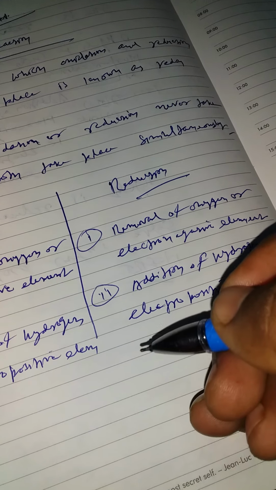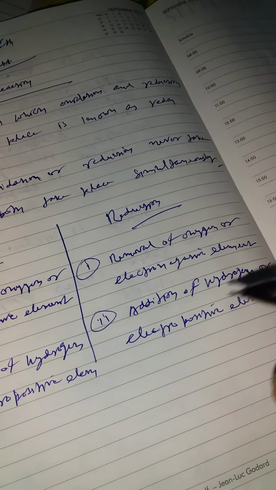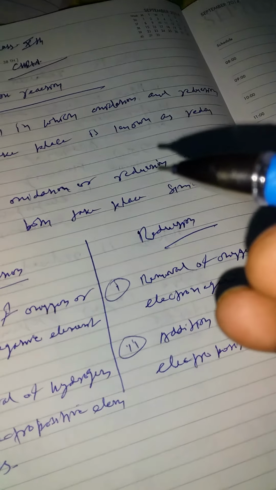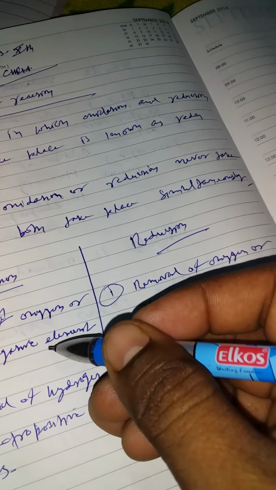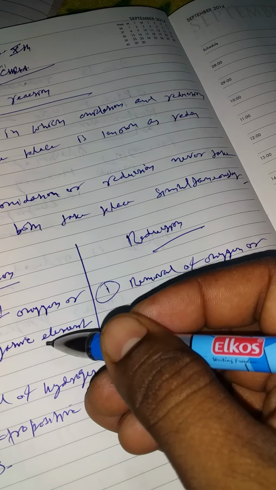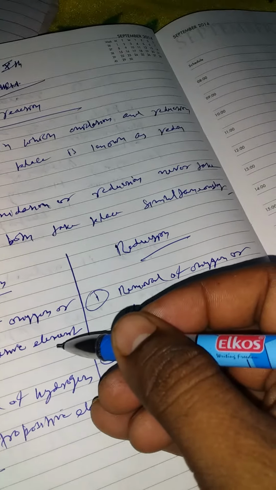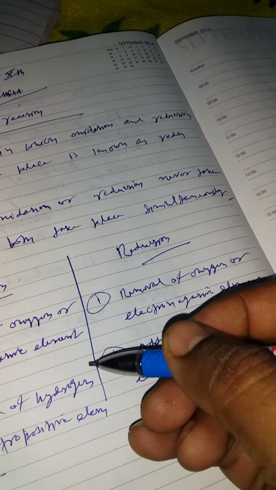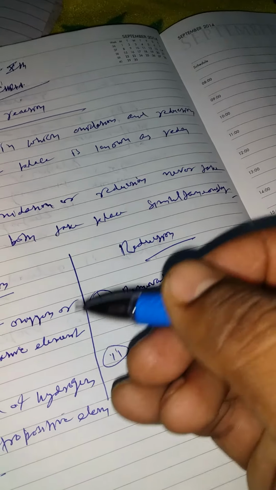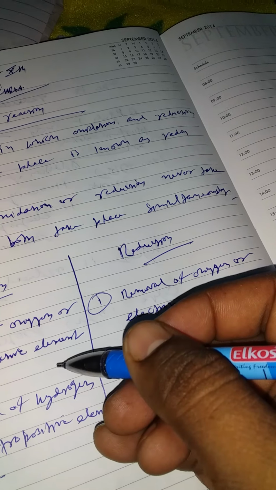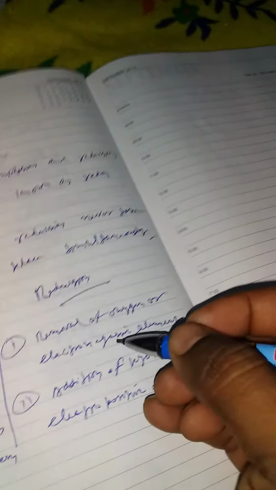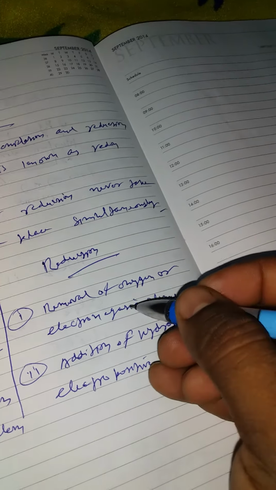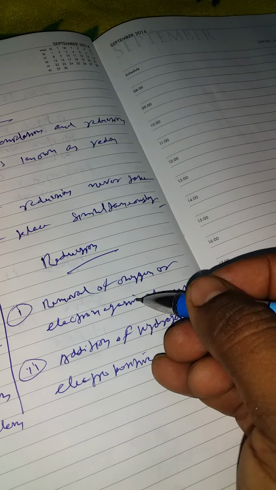Here I want to say that when oxygen is added to a particular elemental form or compound form, then it is removed from another elemental form or compound form.